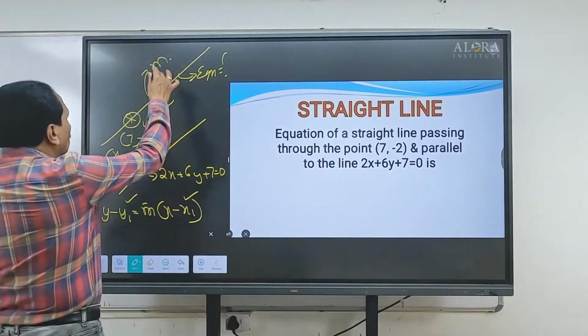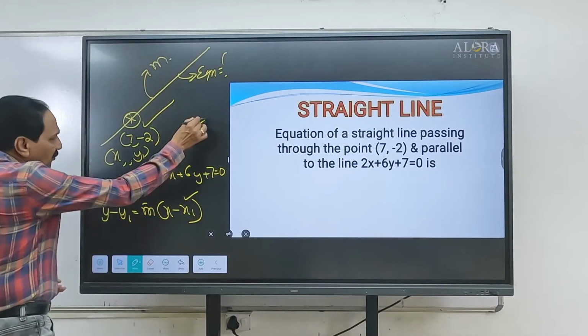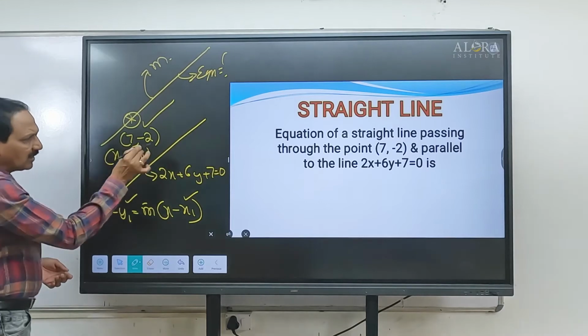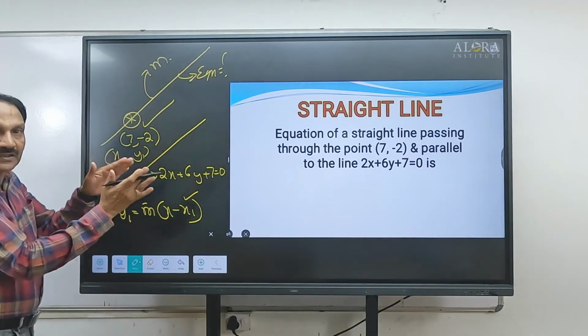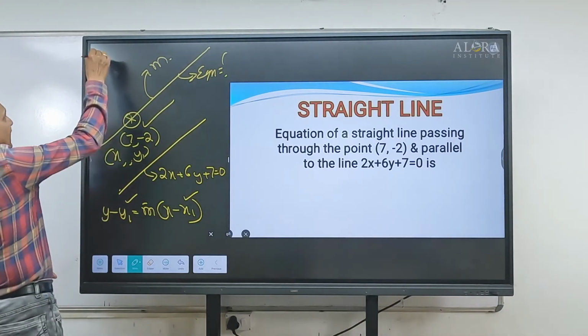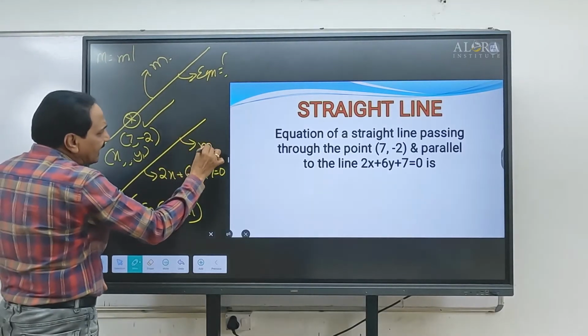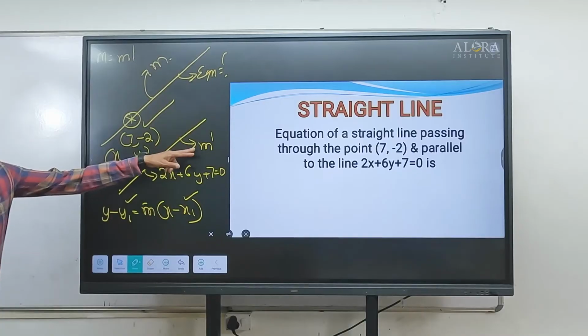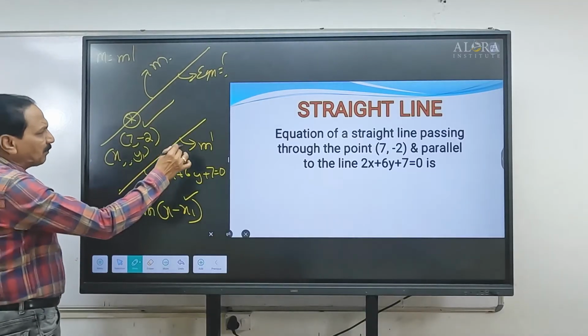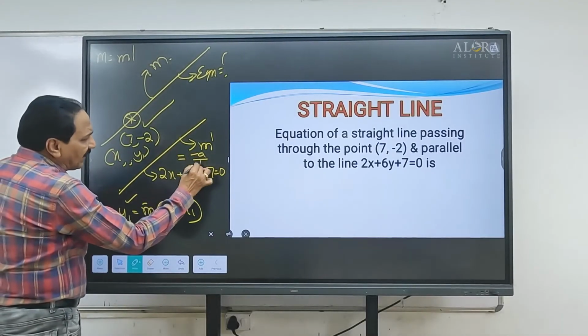Then how will you find the slope m? For that, you can make use of the second line. If two lines are parallel, the slopes are equal. That means m equal to m dash. So first find the slope of the second line, that is m dash. How will you find it? The simple formula, minus a divided by b.